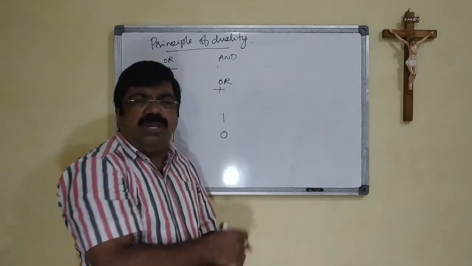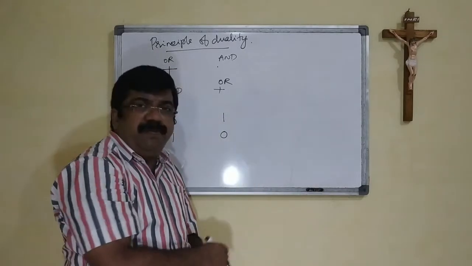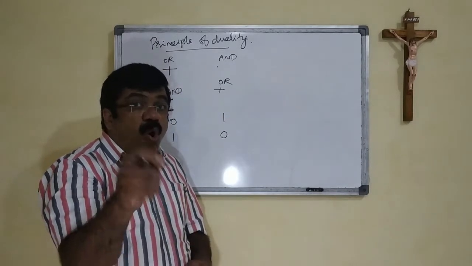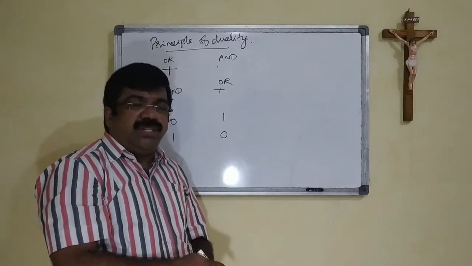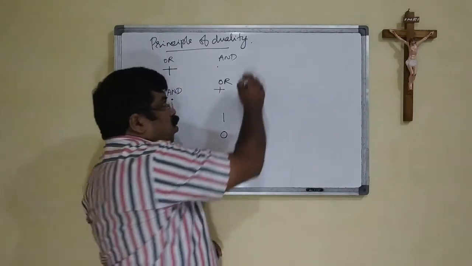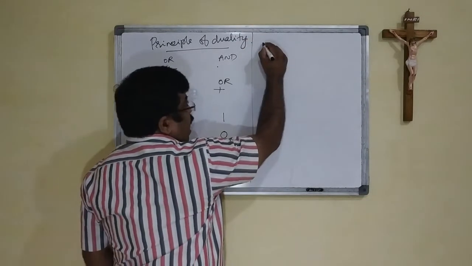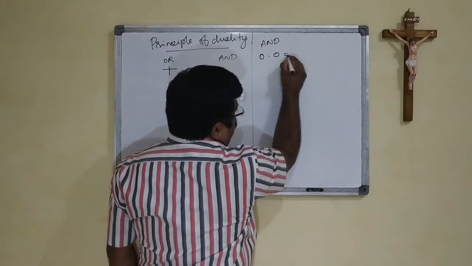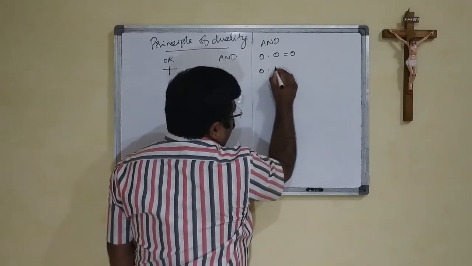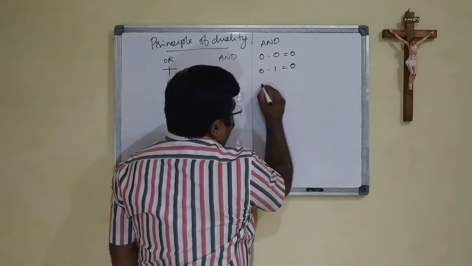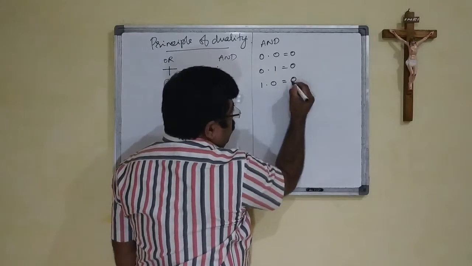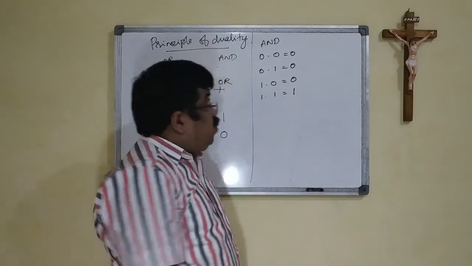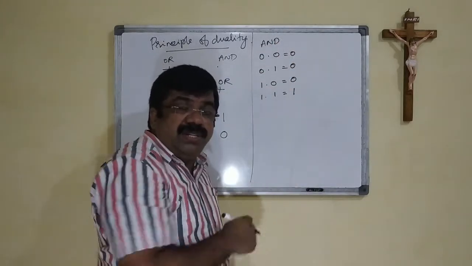In the previous portion, I said the basic postulates, the OR relation as well as the AND relation. Just to go through those relations. The AND relation, first of all, we saw 0 into 0 is equal to 0, 0 into 1 is equal to 0, 1 into 0 is equal to 0, 1 into 1 is equal to 1. That was the AND relation.